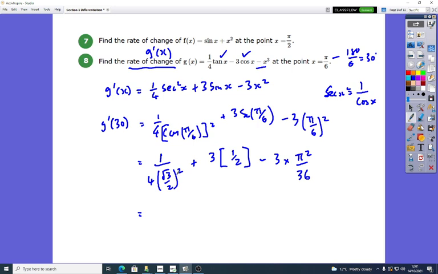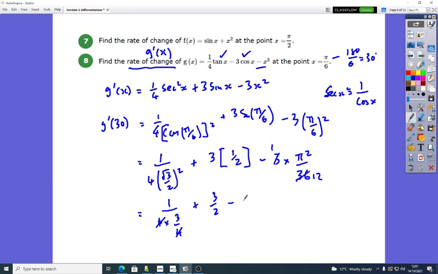That's going to be now 1 over, now when you square that, it's going to be 4 times, now root 3 squared is just 3, and 2 times 2 is 4. And those 4s are going to cancel, so I'm going to get 1 over 3 there. This one's going to be 3 over 2, and that's going to be minus, well, I'm just going to cancel 3's into there is 1, 3's into there is 12.